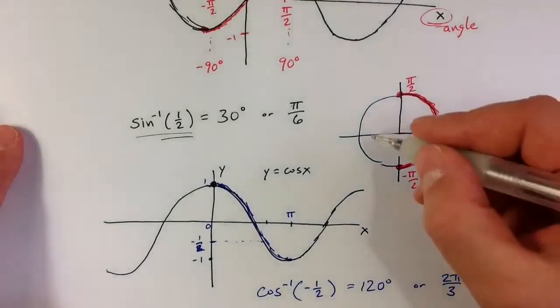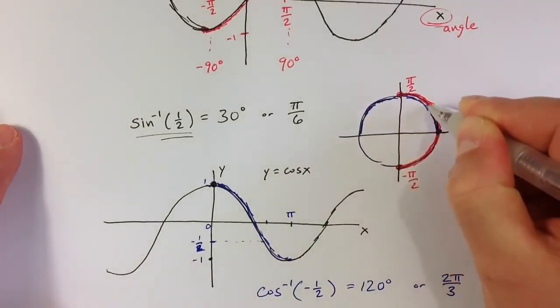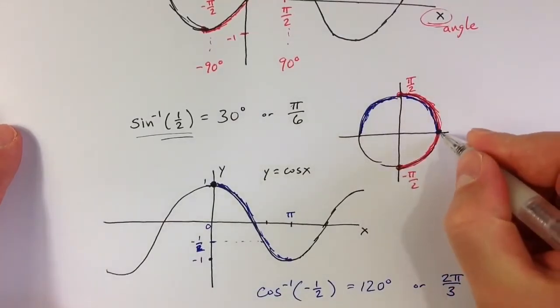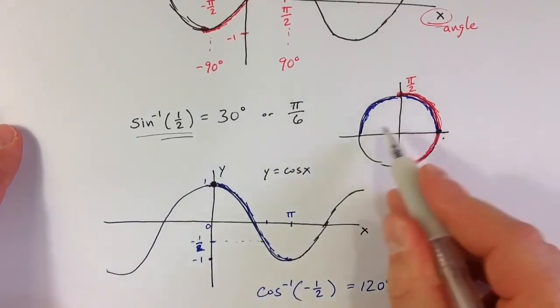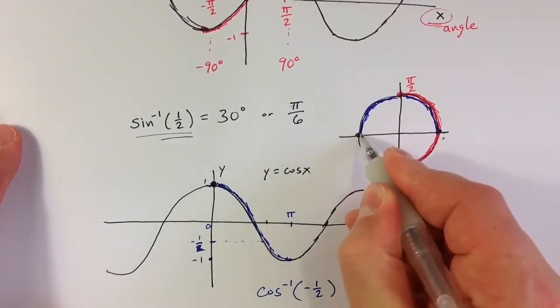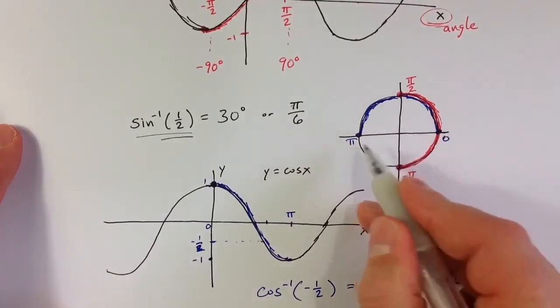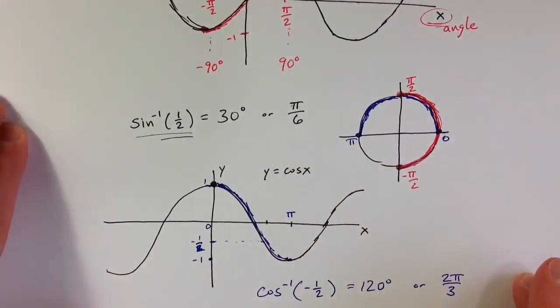Thinking about this on the unit circle, it corresponds to quadrants 1 and 2, because for cosine, that takes us from positive 1 at 0 all the way to negative 1 at pi. And so the set of angles from 0 to pi gives me a full set of ratios for cosine.